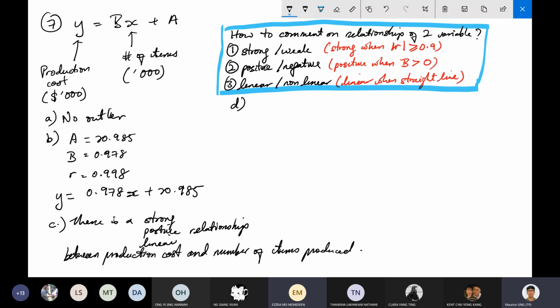Oh, okay. So monotonic is under non-linear. You don't just say monotonic. For linear, it must be a straight line. Then can you use Spearman for linearly related? Yes, you can. Oh, okay, not just the monotonic one.